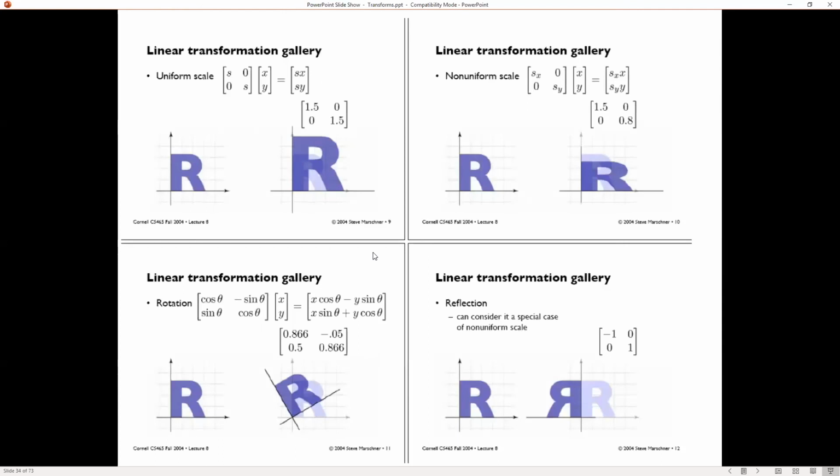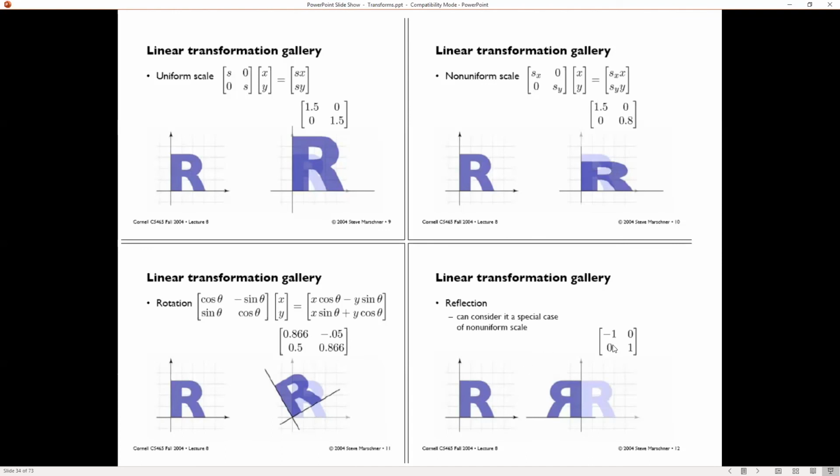So let's just look at some examples. Here, instead of drawing a square, I've drawn some other shape. But remember, this shape is made out of triangles, and there are vertices on these triangles. This is all linear transformations, and this is why we can still remain in 2 by 2. So we have scaling, non-uniform scaling. Here's a rotation, and remember that these cosine theta and sine theta turn into numbers according to what the theta is.